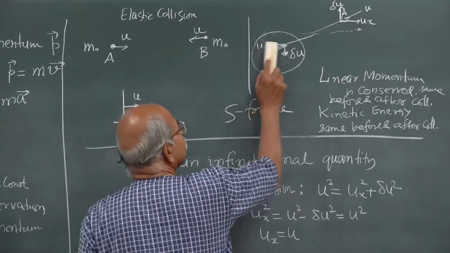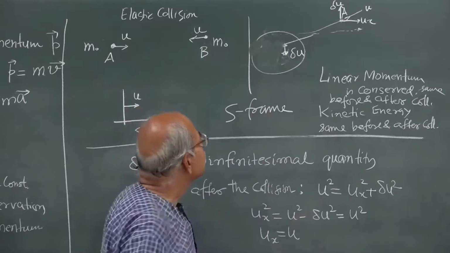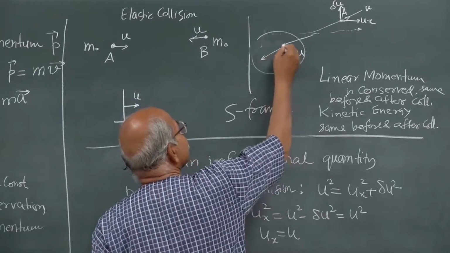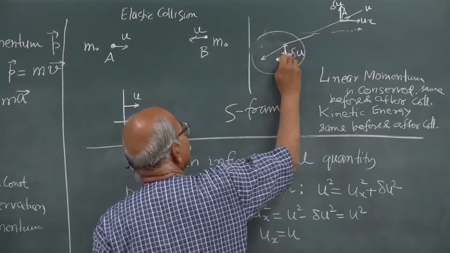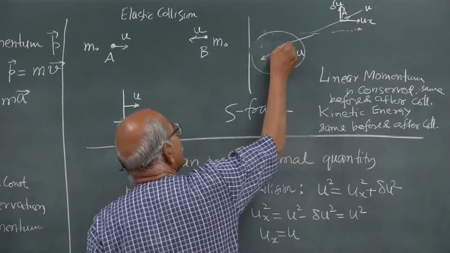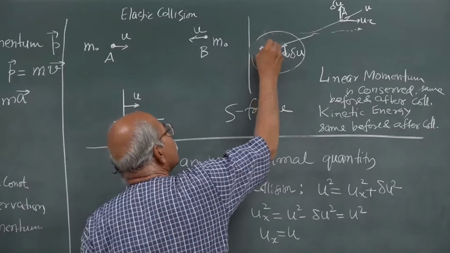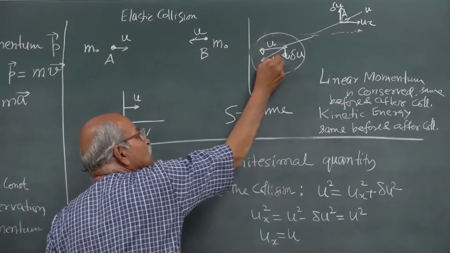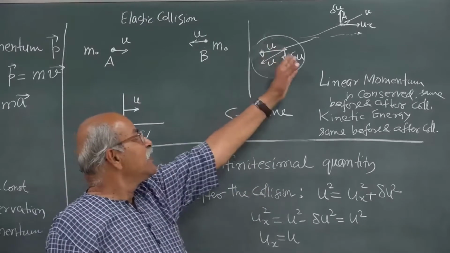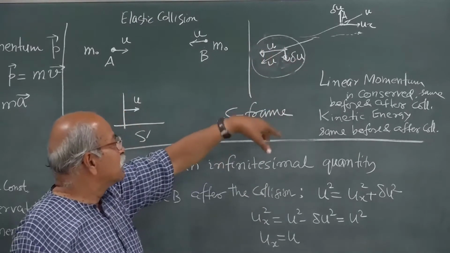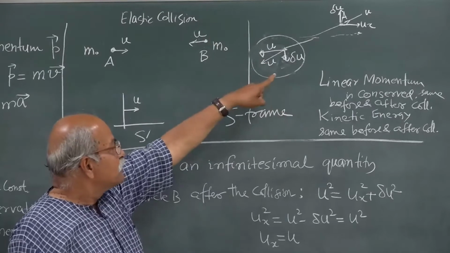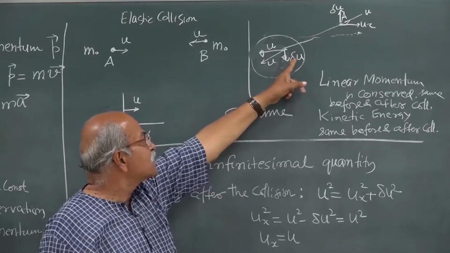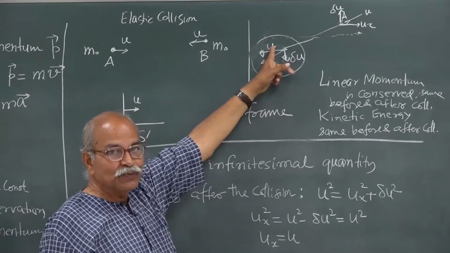So, let me write that. Here I have this particle going in this direction. There is a small y component which is delta u, and the x component still remains u, and this speed is also u. It may look very peculiar, but remember delta u is a first order small quantity as compared to u.